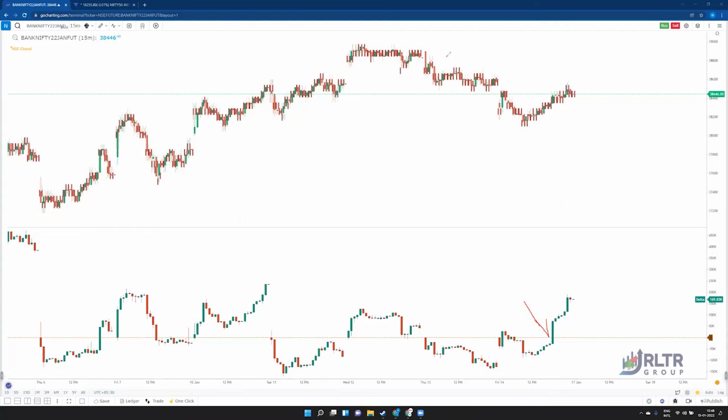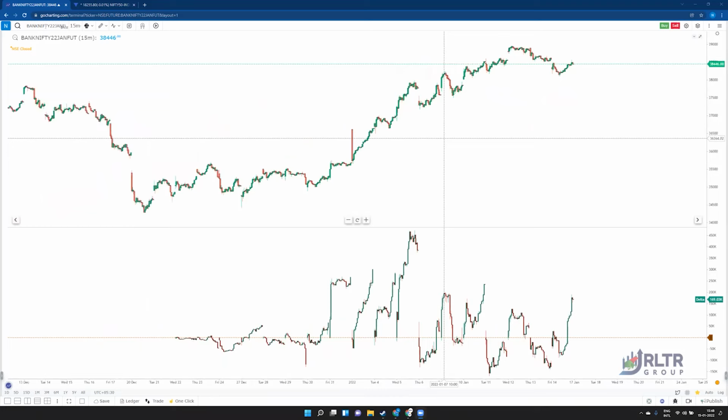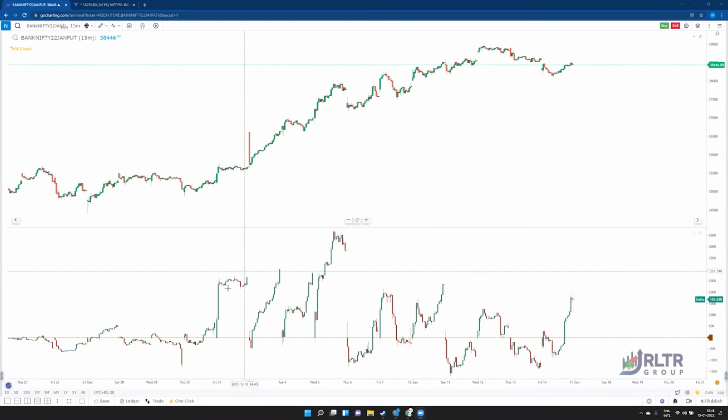Now, if you go back and validate this for the last 1 month, you would have to use the futures chart for you to understand the velocity of the market. And if you understand this, you will be able to find the dips that the market is actually providing you. So on the 31st, there was a dip and there was a short buying.